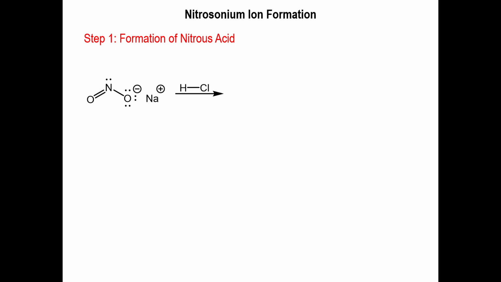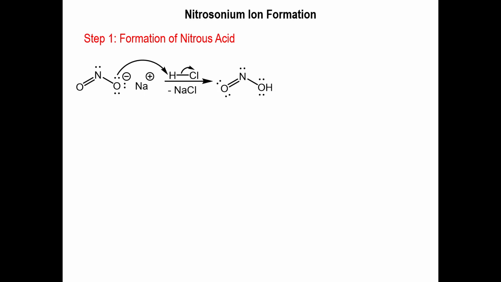So first things first, you have to use sodium nitrite in order to make these diazonium compounds. And you do this in the presence of acidic solution, because what takes place with nitrite is that you first protonate the nitrite, making nitrous acid in the process, shown right here.